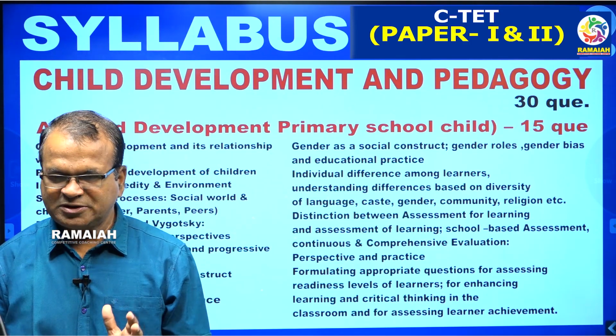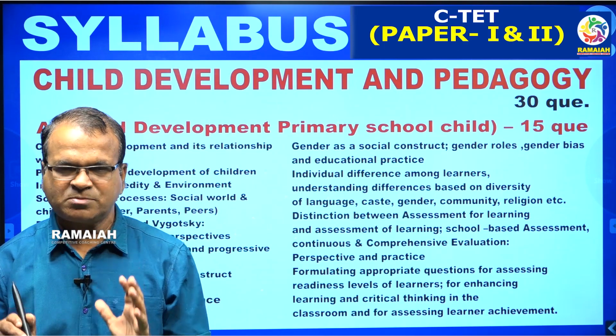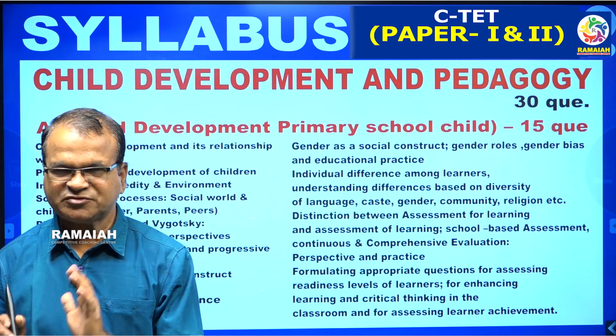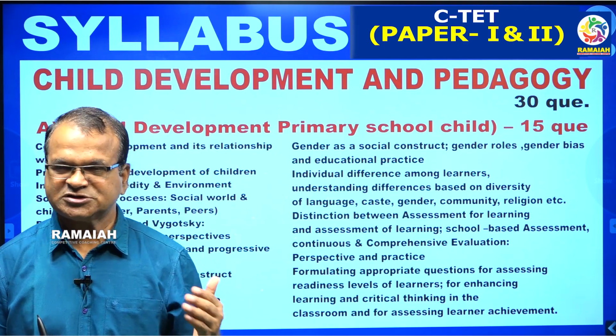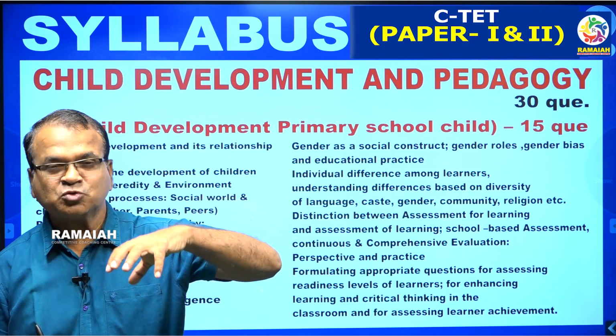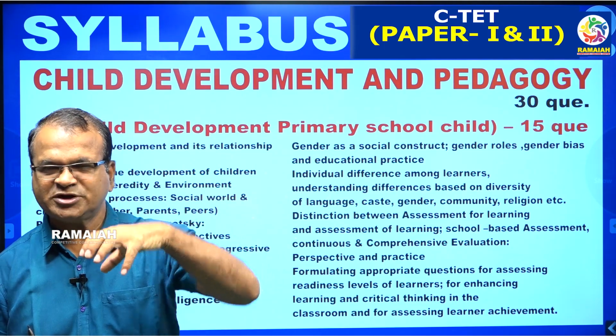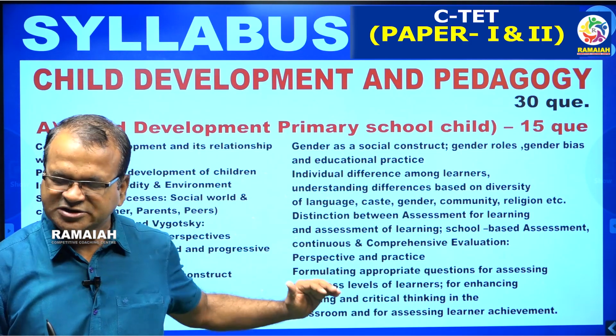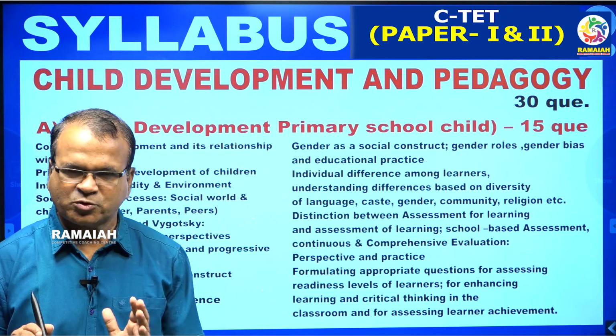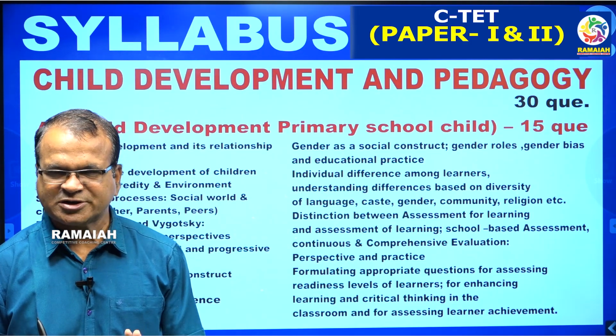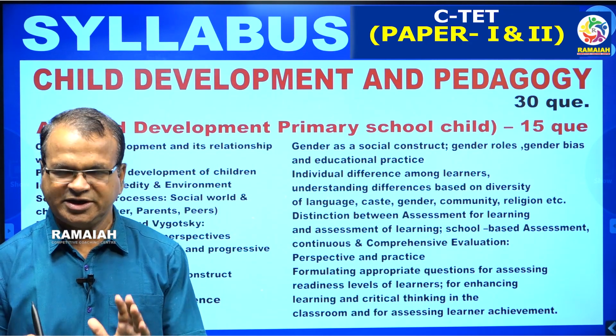Among these four pillars, they focused more and more on psychological foundations of education and sociological foundations of education. But we have to understand these foundations in the light of pedagogy. Now we are going to discuss the syllabus pattern one after one in detail.